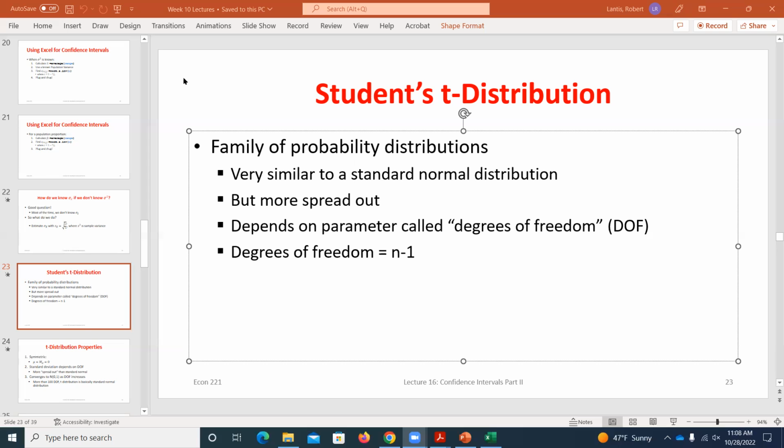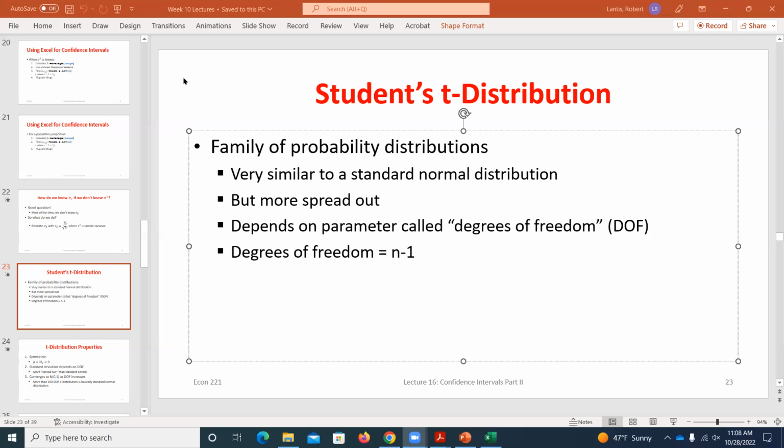Because we know it's overinflated, if I tried to overlay these, so if this is my standard normal distribution, these t values will be slightly more spread out, because the sample variance divided by n minus 1 will always be a little bit larger, right? So a larger variance means we have this more spread out, flatter distribution.